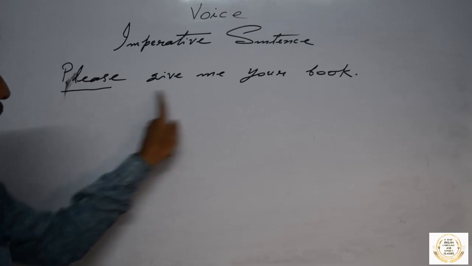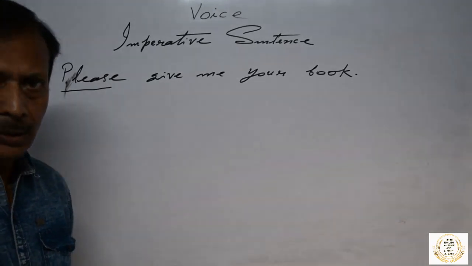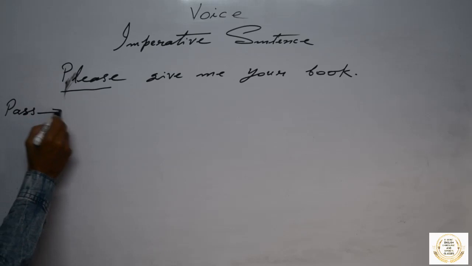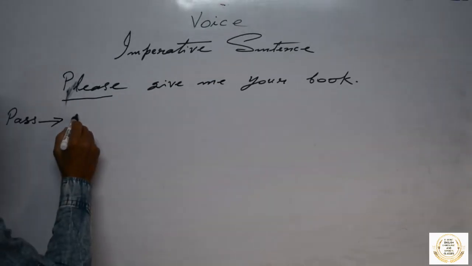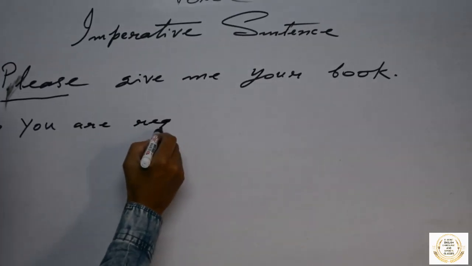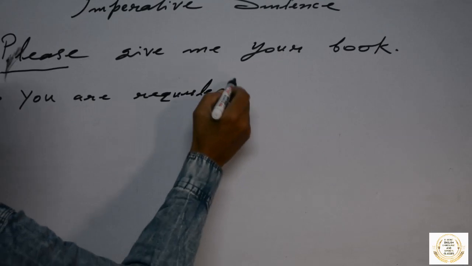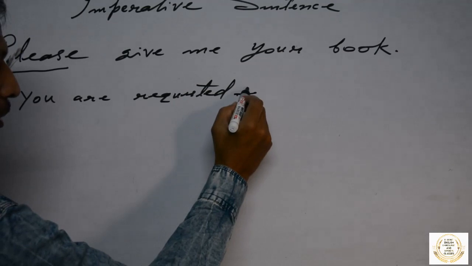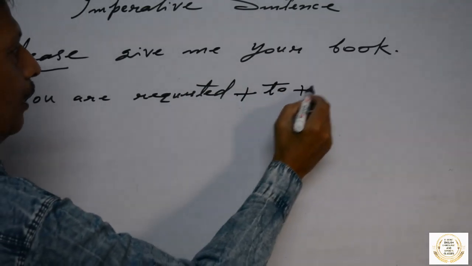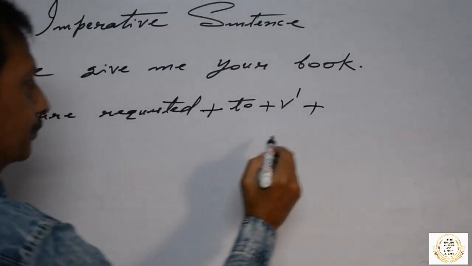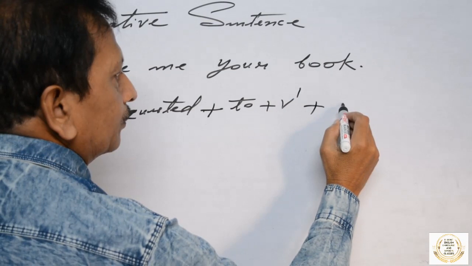So for such an imperative sentence, such active voice, the passive voice should be written like this. The construction is just simple and single. You are requested. Okay, first you have to write these 3 words, plus to plus V1 plus object.